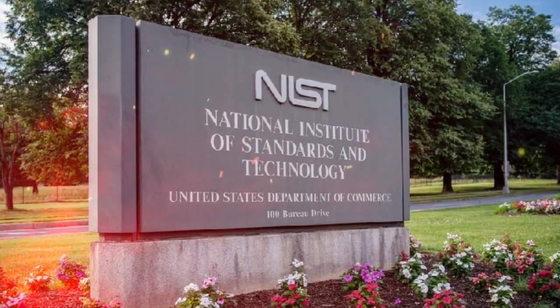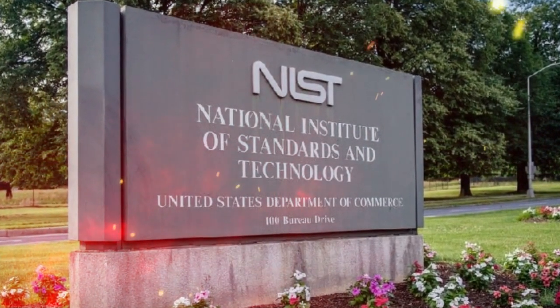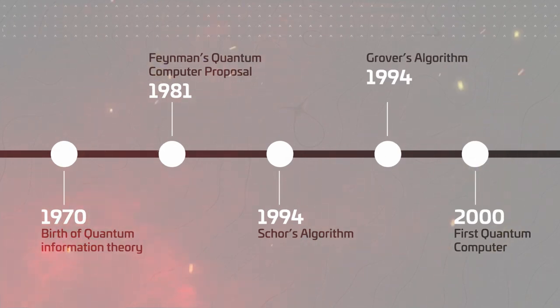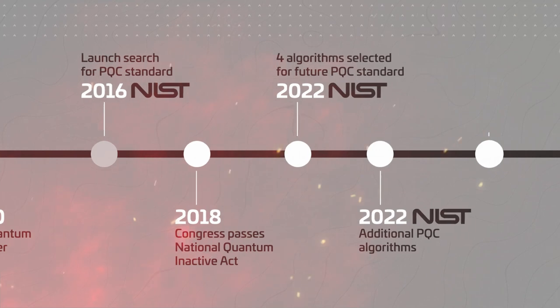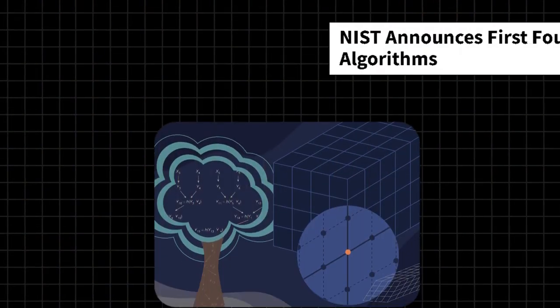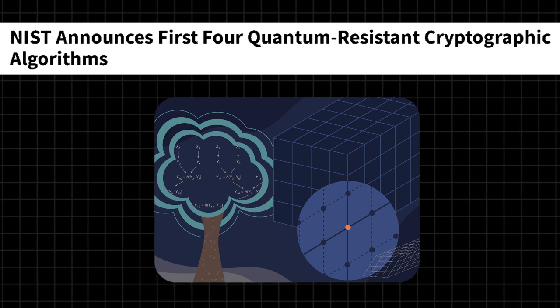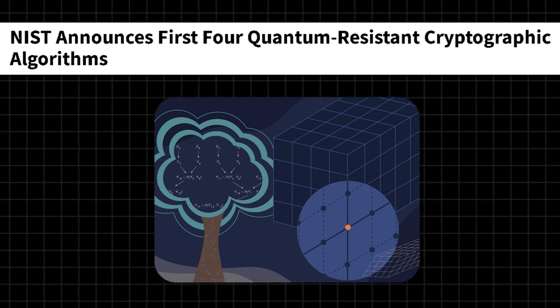Organizations like the National Institute of Standards and Technology, or NIST, are actively working on standardizing post-quantum cryptographic algorithms. In 2022, NIST announced the first set of algorithms selected for post-quantum cryptography, including lattice-based methods like CRYSTALS-Kyber, with final standardization expected by late 2024.